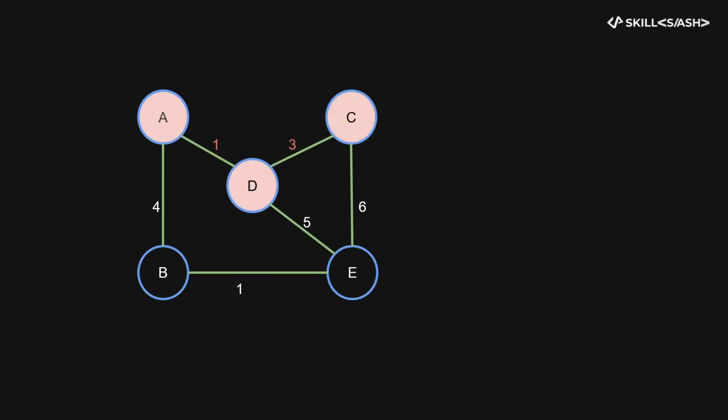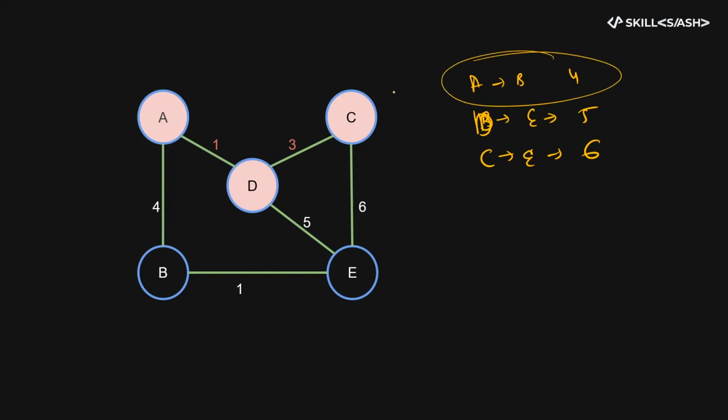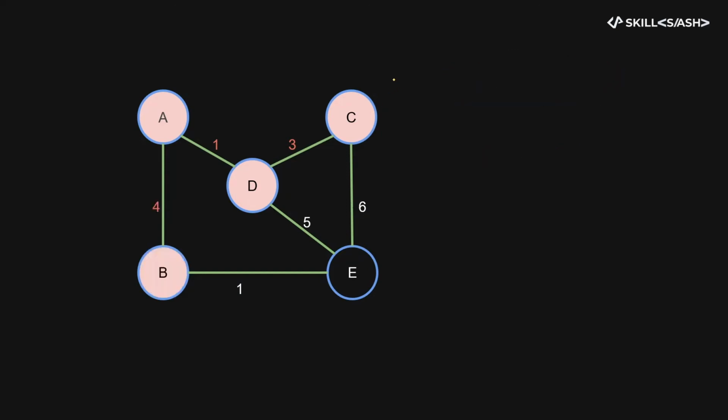Now again, you will have many choices, such as you can go from A to B in 4 weight, D to E in 5 weight, and C to E in 6 weight. Which one will you choose? A to B. Then out of all the possible options, you'll choose this.